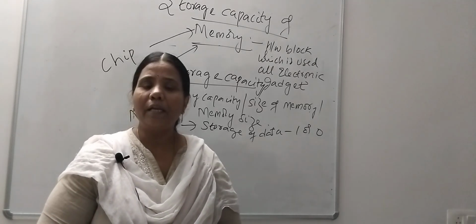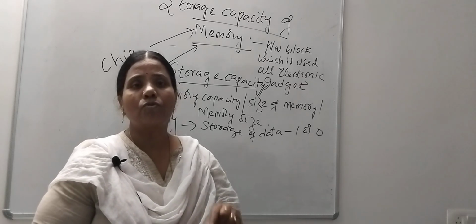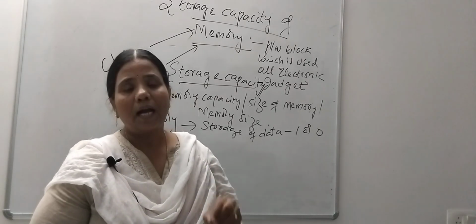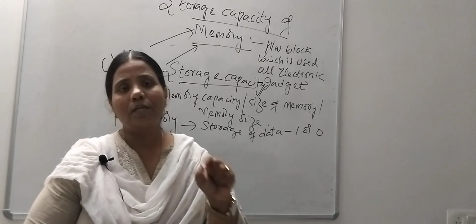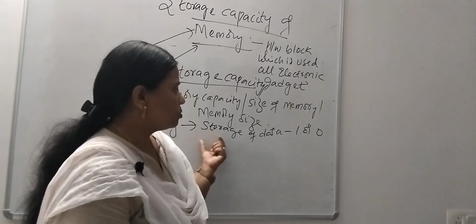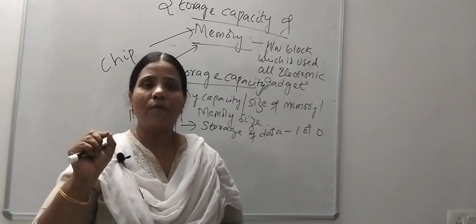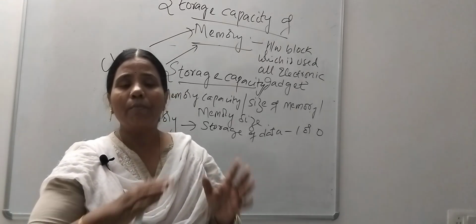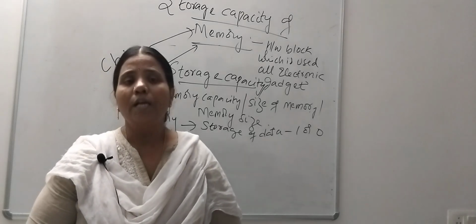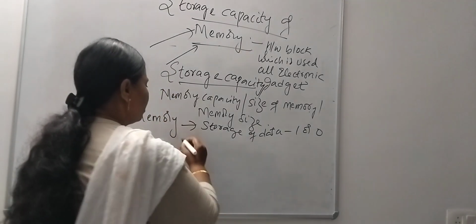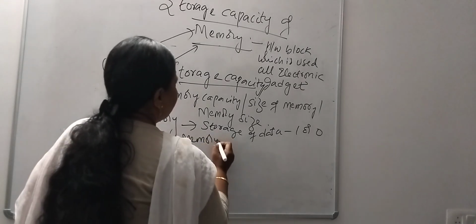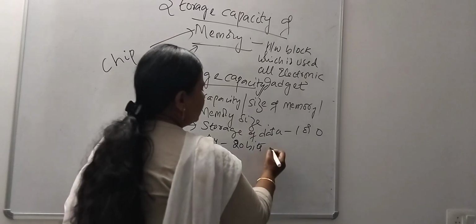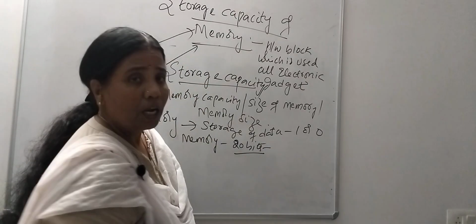If you take a memory, the memory which is capable of storing the data, how many bits it is capable of storing, that we call memory capacity or storage capacity. So this storage capacity represents the capacity of the memory for storing the data in the form of binary bits. How many binary bits it is capable of storing. Suppose your memory is capable of storing 20 bits of data, then the storage capacity will be 20 bits.